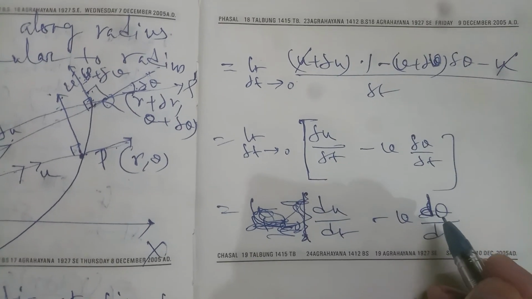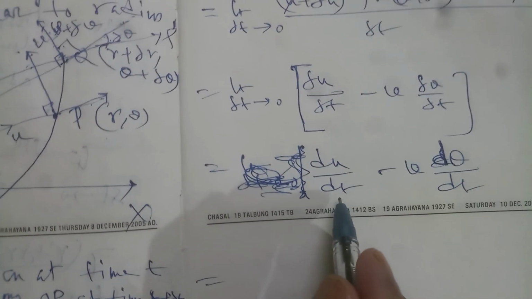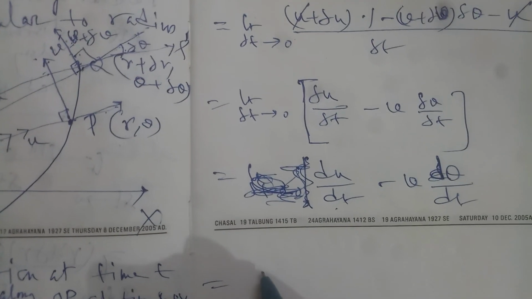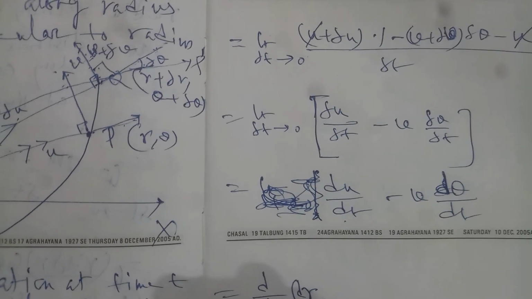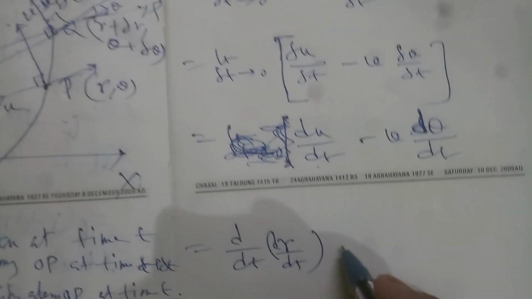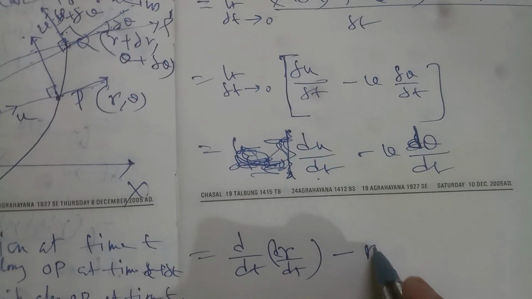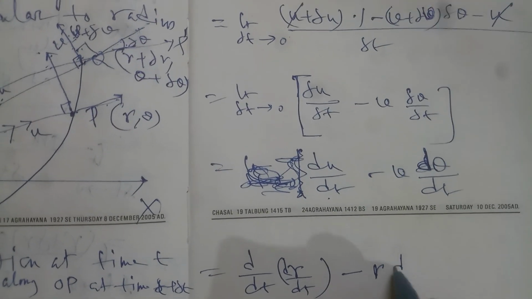Now what is u? You already know u from my last lecture: u is r d theta by dt, and v is d theta by dt.